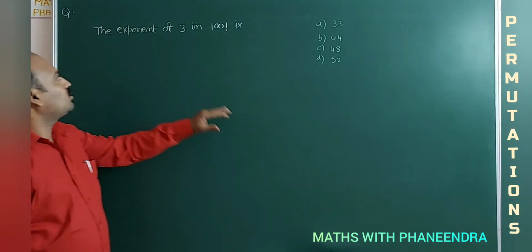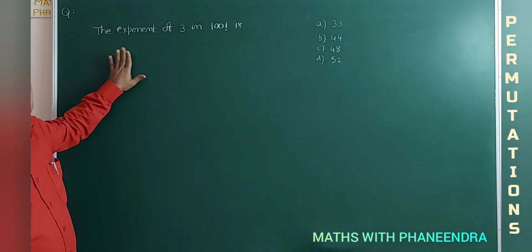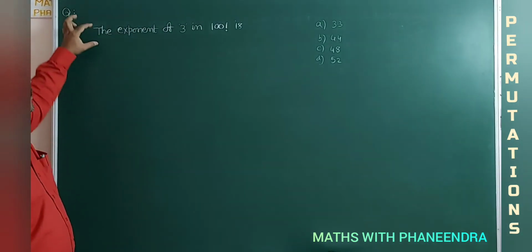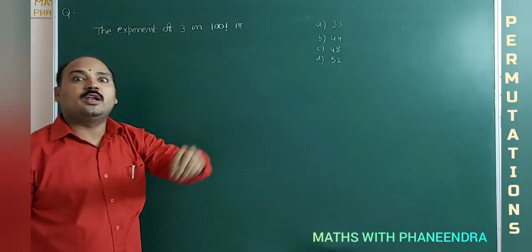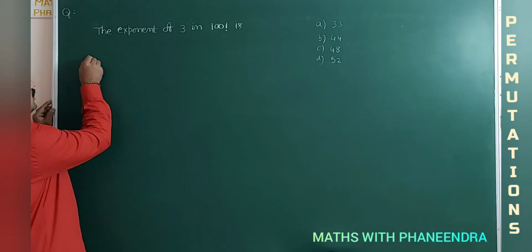The next question, dear students, this type of question they ask in EAMCET and JEE Mains. The exponent of 3 in 100 factorial.